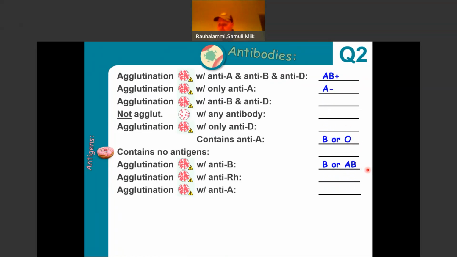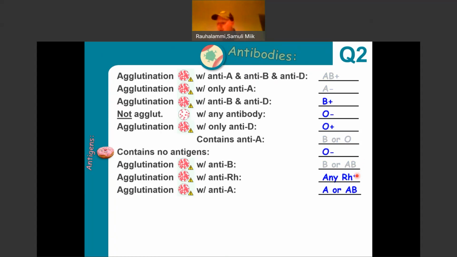In terms of what blood types would agglutinate with anti-B serum, that could be either B or AB blood type. We don't have enough information to say. What blood types could agglutinate with anti-Rh serum? And that would be any Rh positive blood type.